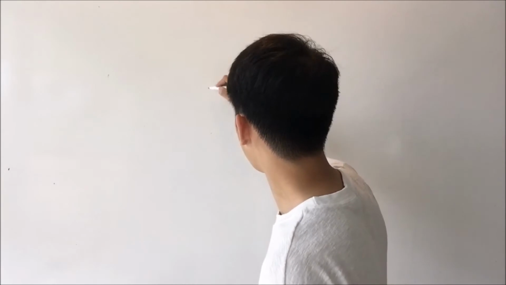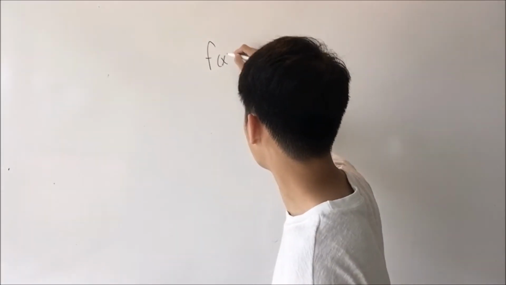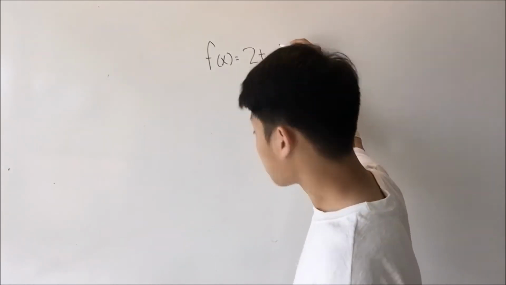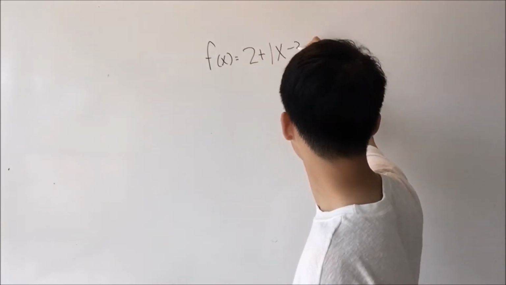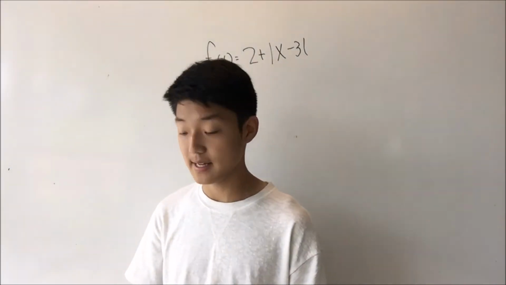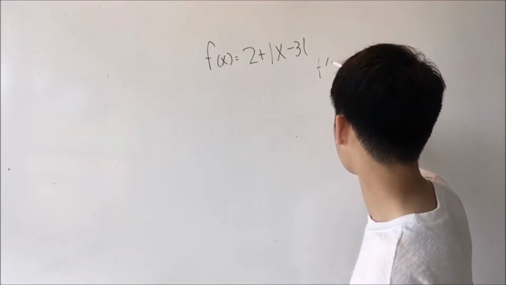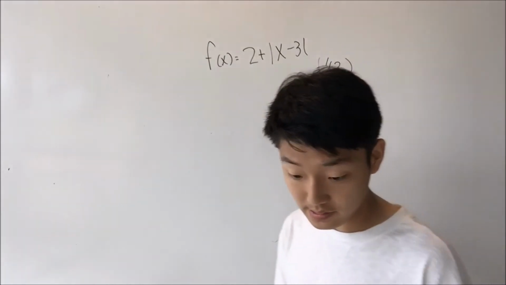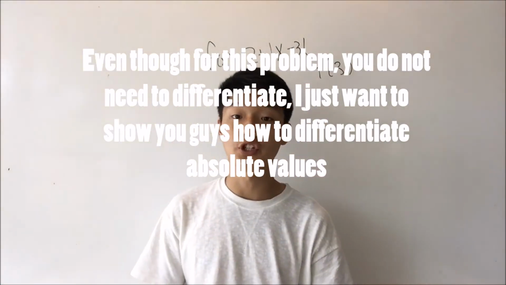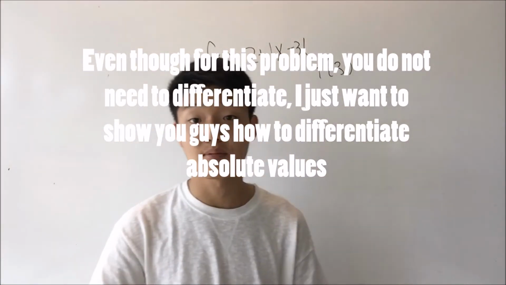Number 18. Number 18 says, if f of x equal to 2 plus, I'll write it down right up here, f of x equal to 2 plus absolute value, x minus 3, for all x, then the value of derivative f prime x at x equals 3 is, so we have to first differentiate this, and don't be scared about differentiating the absolute value.